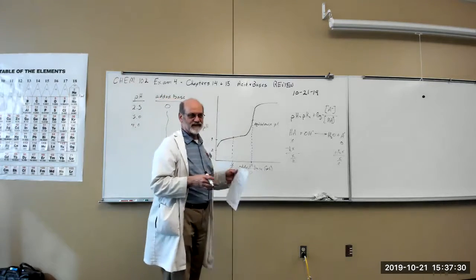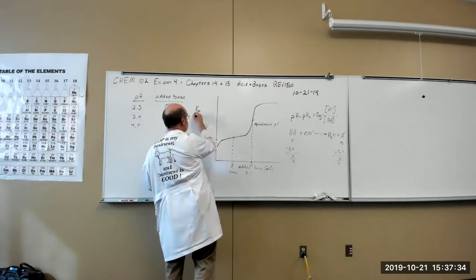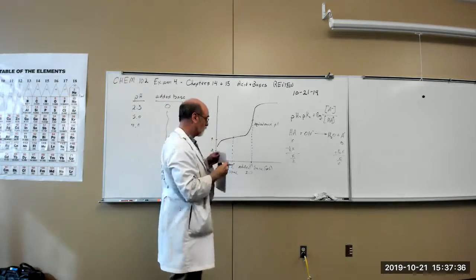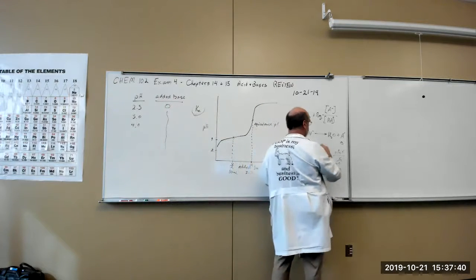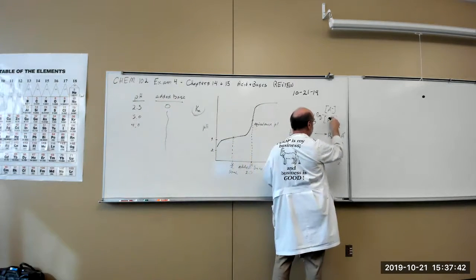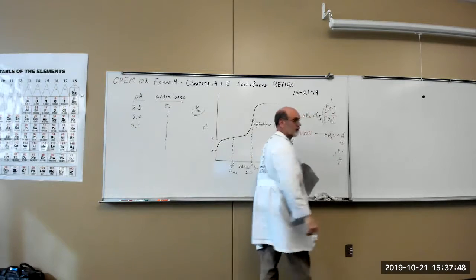We're not finished yet, because the question is, what's the Ka of acetic acid? Well, look, Henderson-Hasselbalch again. If we're in that buffer zone where this is equal to that, what is this term equal to? If that's equal to that, that's 1, right?